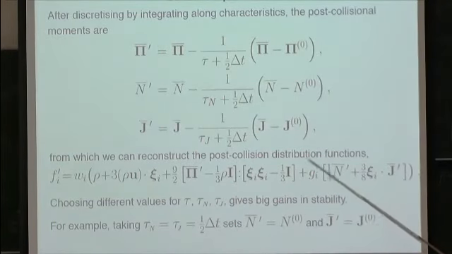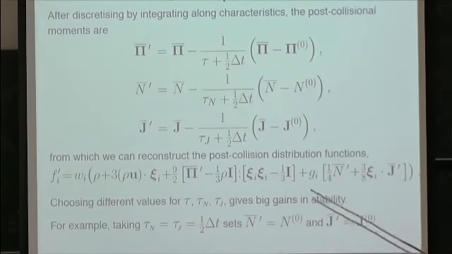Then I reconstruct the post-collisional distribution from these moments in terms of this formula. And the attraction here is if I choose, say, tau n and tau j to be a half delta t, that has the effect of setting the n and the j just to equilibrium after every time step. And that's much more stable than over-relaxing them; there's no need to over-relax because they don't appear in the Navier-Stokes equations.